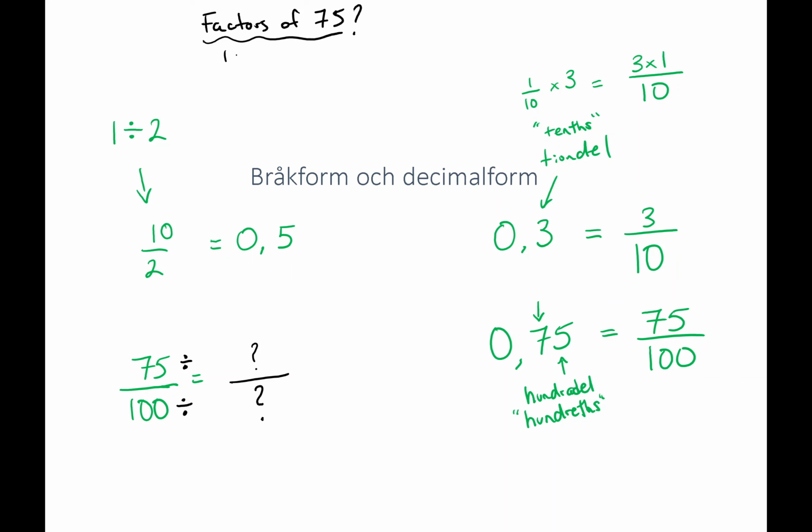Well, I know 1 times 75 works. I know that 5 times 15 works. And you can go on and on and on. You can also list the factors of 100.